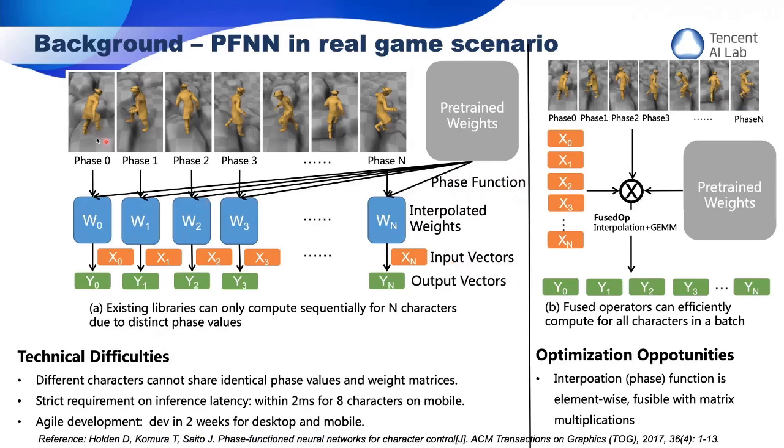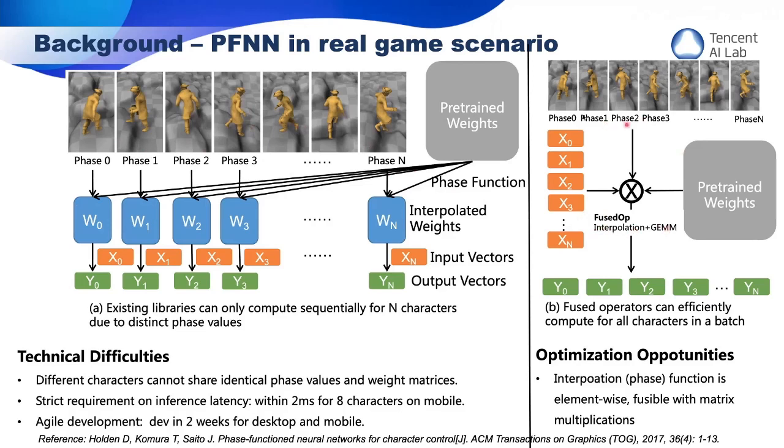Here we have n characters, and at any time point, they will not behave in the same status, so their phase values are different. Therefore, their interpolated weight matrices are different, so we cannot efficiently compute them in a batch. Our straightforward solution is to fuse the interpolation function with matrix multiplication.